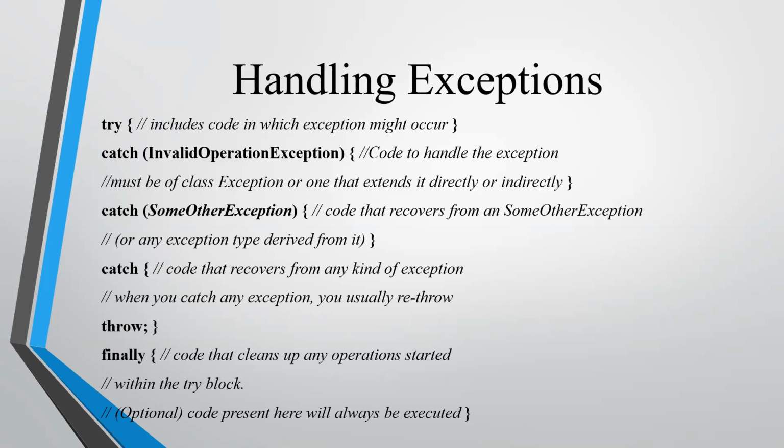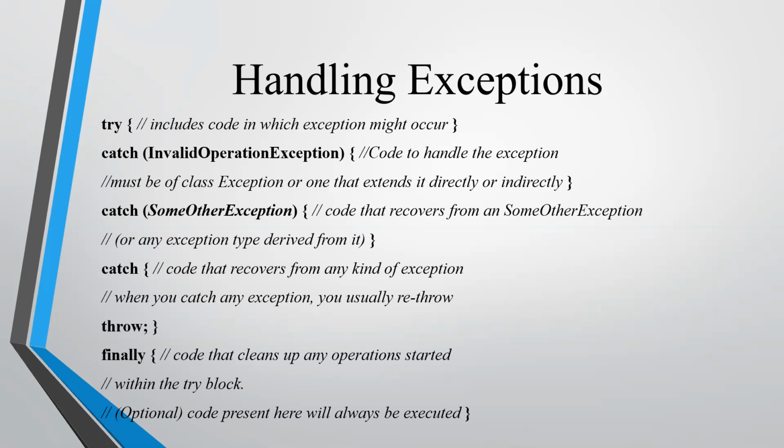So this is the basic syntax of how we handle exceptions. First is the try block. It includes code in which an exception may occur during the normal flow or execution of a program. Next is the catch block. As you can see here, we have multiple catch blocks.